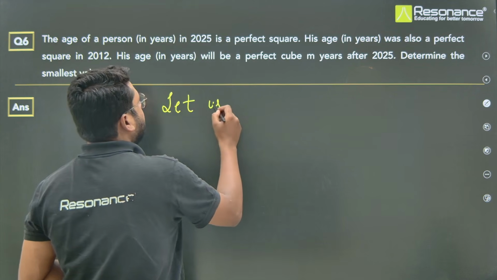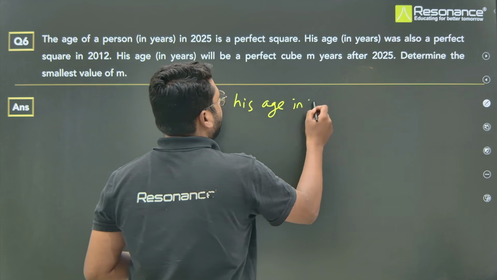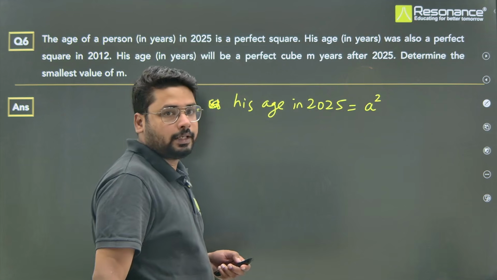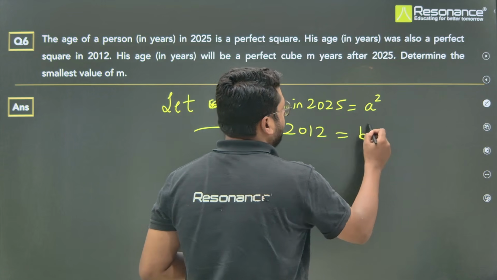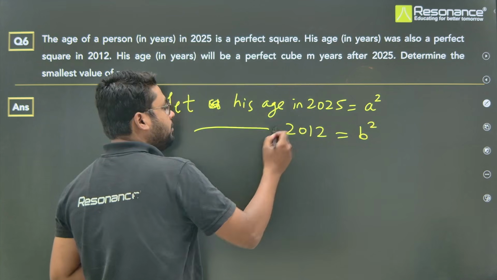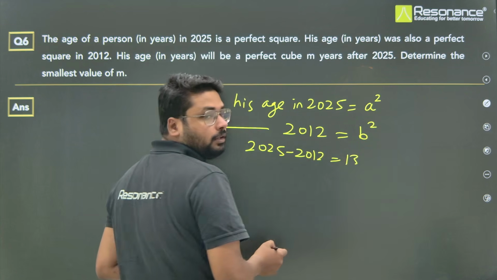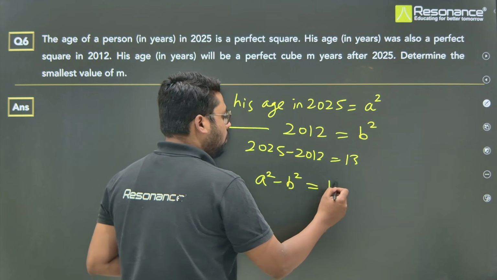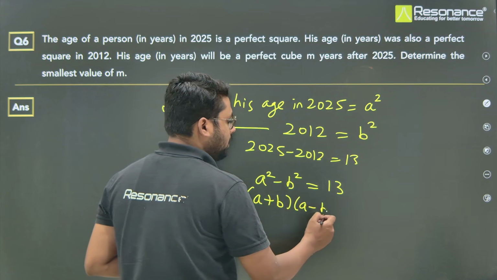So let his age in 2025, because it's a perfect square, be a square. Same in 2012, again it's a perfect square, so we'll take b square. And if you see, the difference 2025 minus 2012 is 13, there is a gap of 13. So from this we can take a square minus b square as 13, or you can say a plus b into a minus b is also 13.